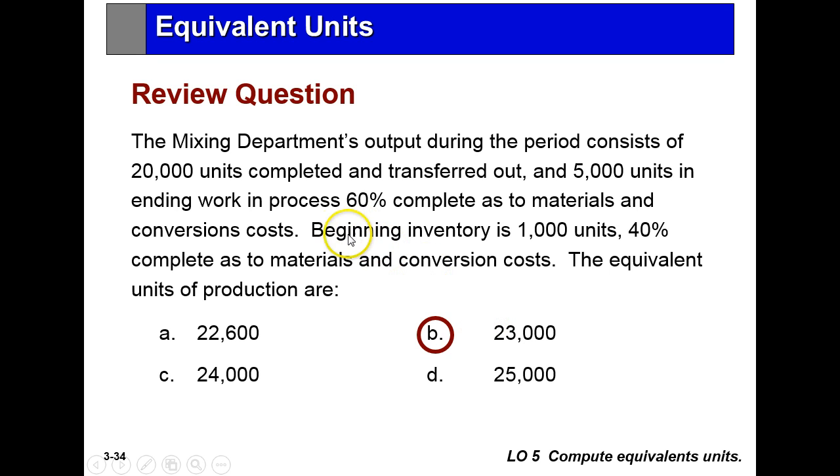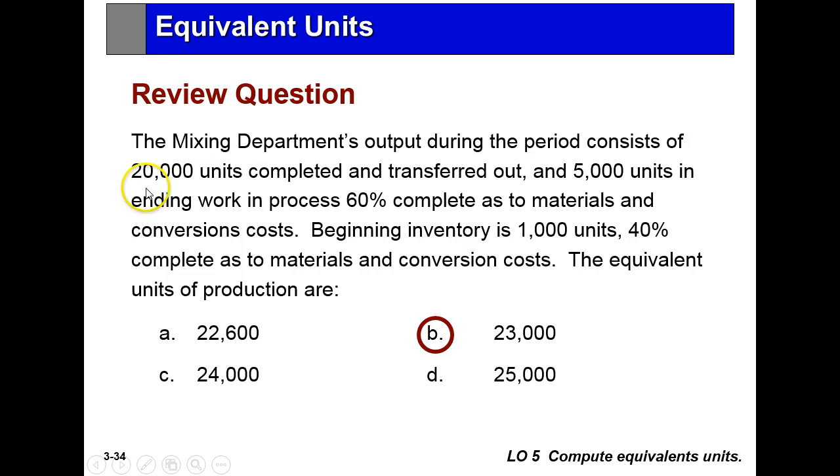The equivalent units of production. Okay, so our beginning inventory is 1,000 units, 40% complete. So that's what we start with, as to materials and conversion costs. The mixing department's output during the period consists of 20,000 units completed and transferred out.